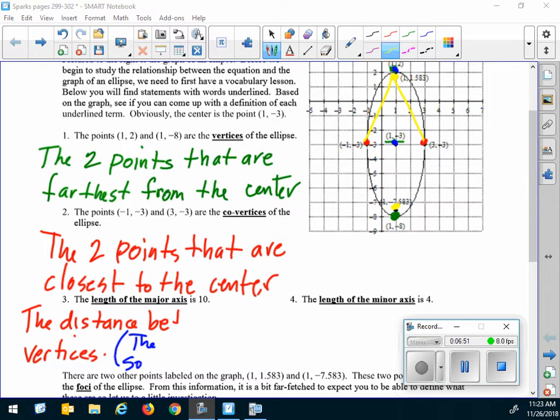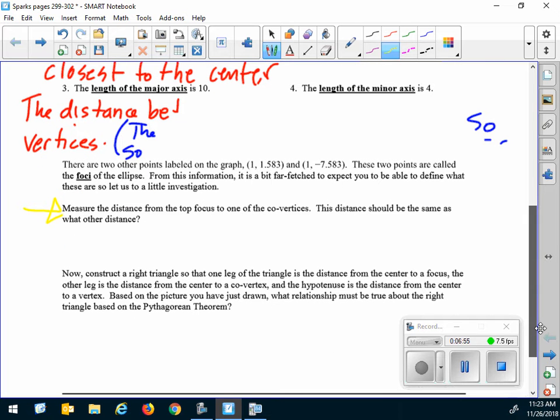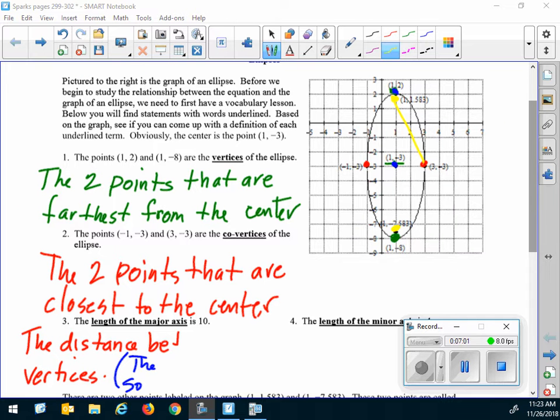It doesn't really matter. The question that you're trying to answer is, this distance should be the same as what other distance? Have you got a distance of that yellow piece? Have you got a length? Now measure this length right here from this vertex to the center.